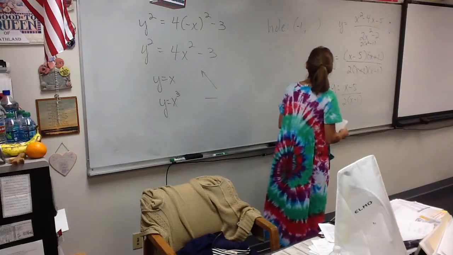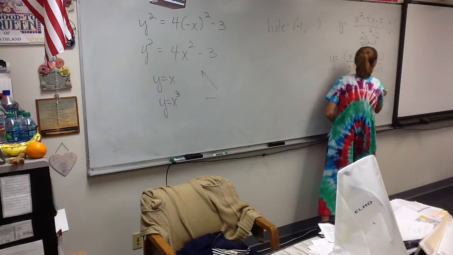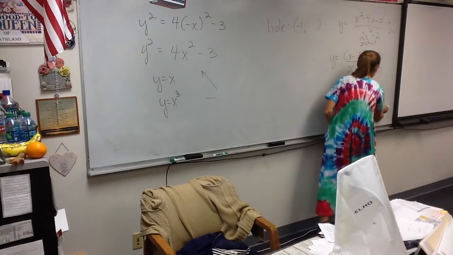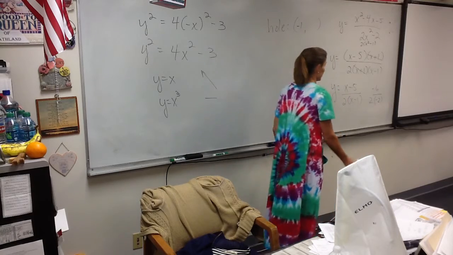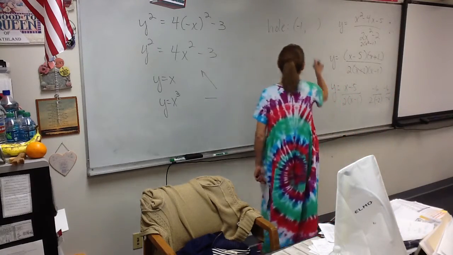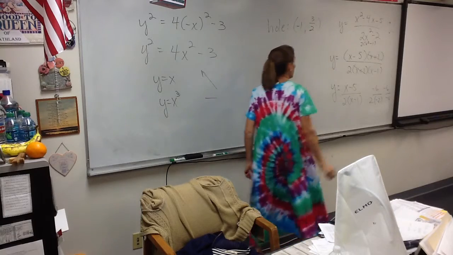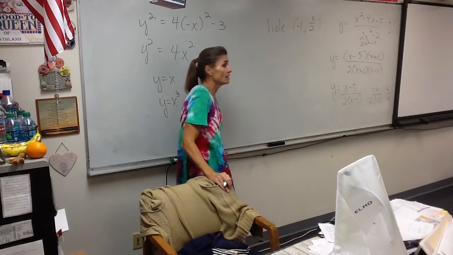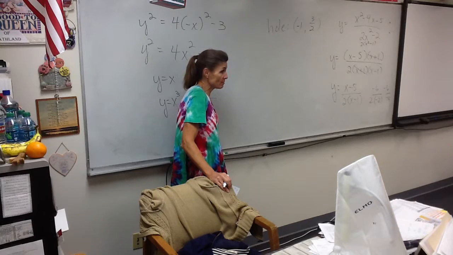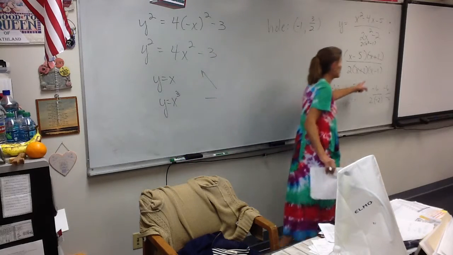So when I plug it in, I get -6 over 2 times -2, which is -6 over -4, which is 3/2. So your hole is at -1, 3/2. So you switch the sign of the one. It's what makes it 0. Just like when you put in your asymptote, it's going to be at 1.